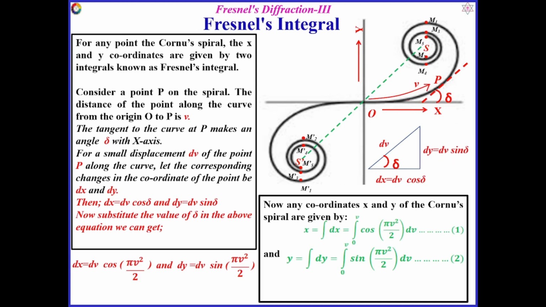For this triangle, with this angle delta and this small displacement, the horizontal component is dx equal to dv cos delta, and the vertical component is dy equal to dv sin delta.